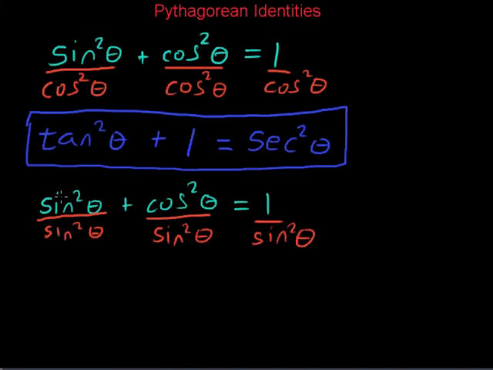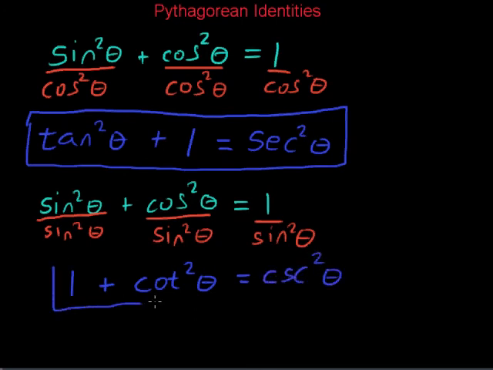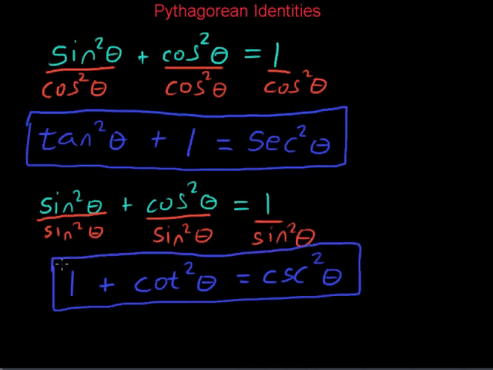And that gives us sine squared over sine squared is 1 plus cosine over sine is cotangent. So that's cotangent squared of theta. And 1 over sine squared, we need one that says co, so it's cosecant squared of theta. So that gives us our third identity. There you go: 1 plus cotangent squared theta equals cosecant squared theta.